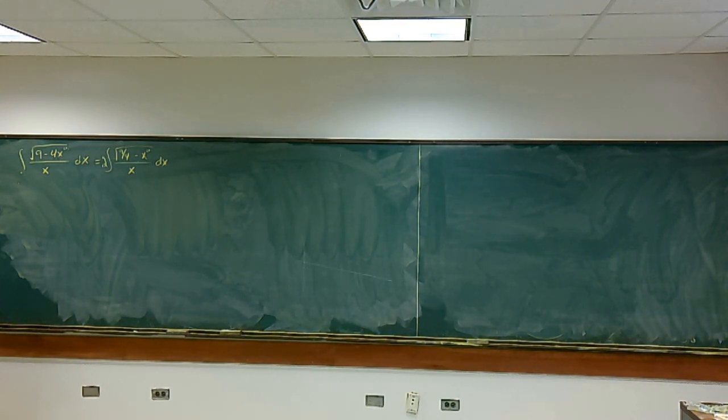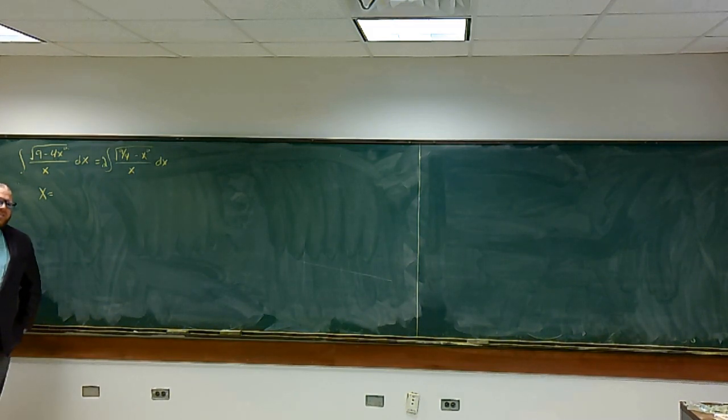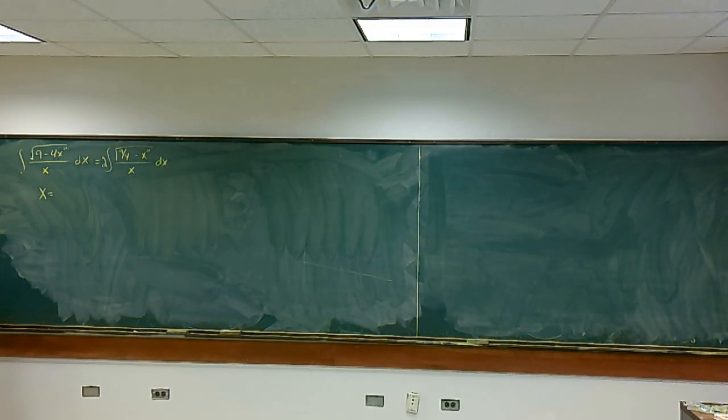Now we have that first form. The 9/4 is my perfect square. So what's x going to be? If a squared is 9/4, what's a? The square root of 9/4 is what? 3 halves.